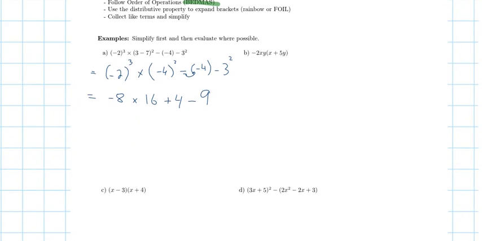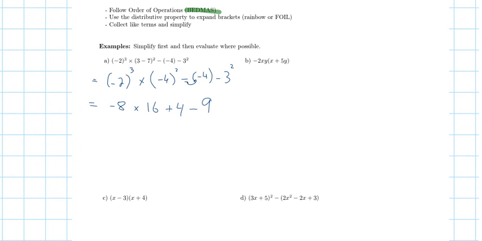So I've done my exponents. I simplified my exponents. What comes after exponents? Multiplication or division. Division or multiplication, they're interchangeable, whatever comes first. So if in the equation you have multiplication first, you have to do that. If you have division first, you have to do that.